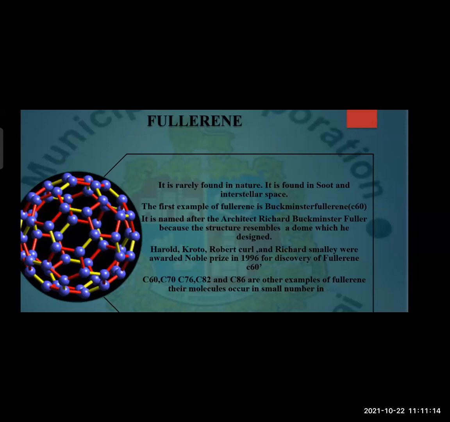Remember the name: Harold Kroto, Robert Curl, and Richard Smalley. They were awarded the prestigious Nobel Prize, one of the greatest and the biggest awards in the field of science and literature, in the year 1996 for the discovery of fullerene C60.